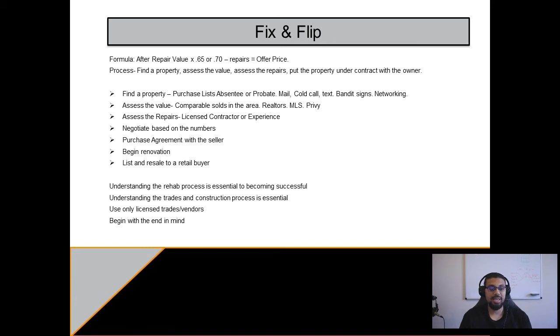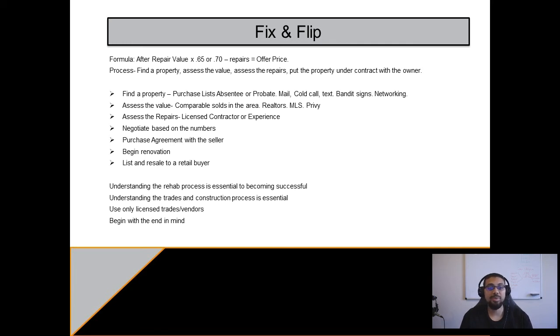So again, to recap, it's about finding the property, assessing the value, the repairs, negotiating the numbers, get it under contract, close, begin your renovation, list and resell to the retail buyer on the end, making sure that you run a great process or have a great construction process, making sure that the trades come in their order and you do everything in order.